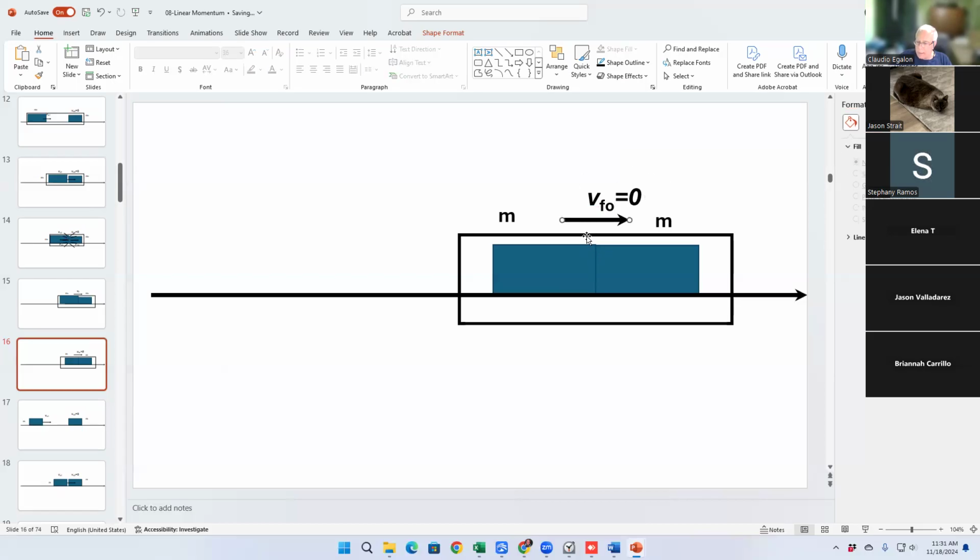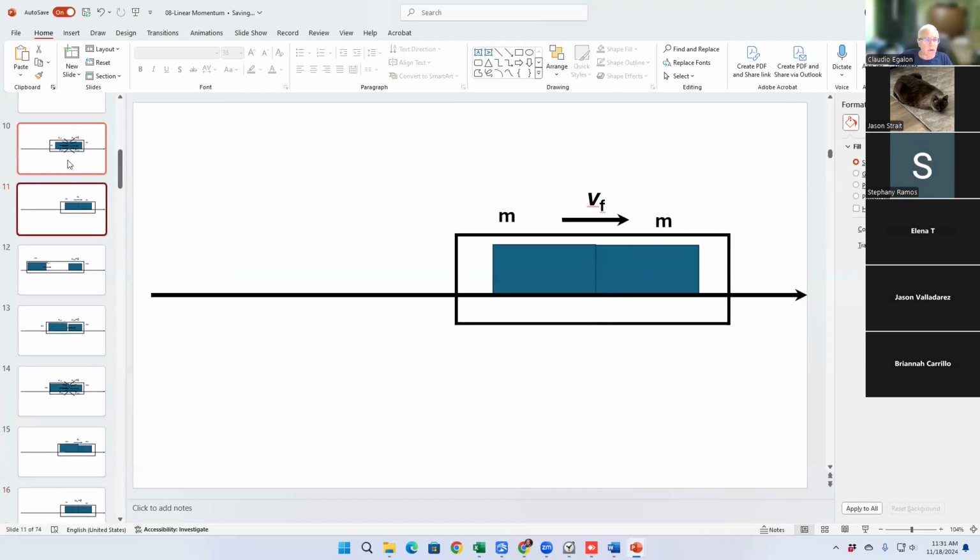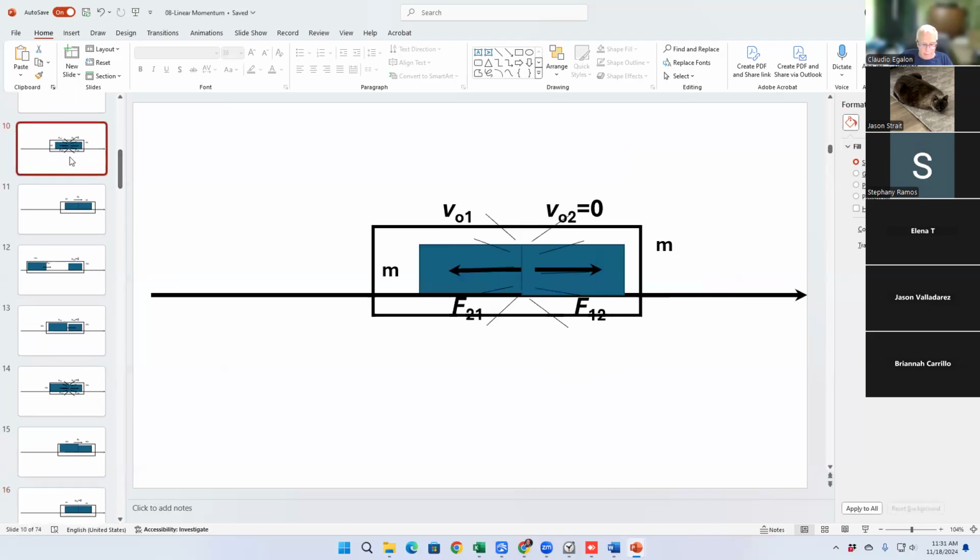Here is my system. The two masses are my system. And then somehow we activate an internal force in the system that pulls the two objects apart.